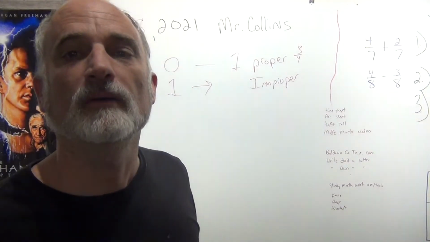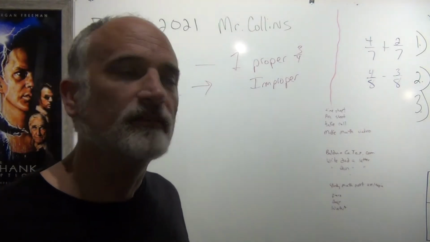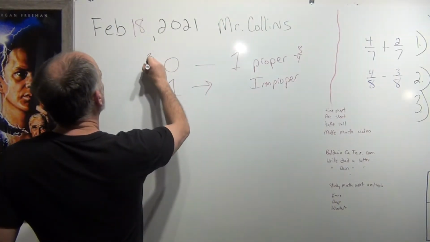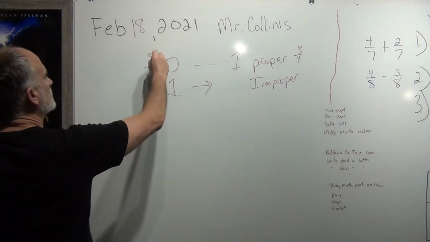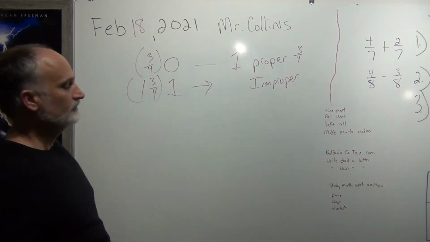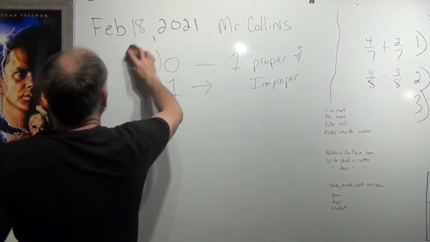I want to make sure I'm not writing off the screen here. I can't even see it for myself. 3/4. This would be 1 3/4. Okay. So we'll talk about that again in a minute.